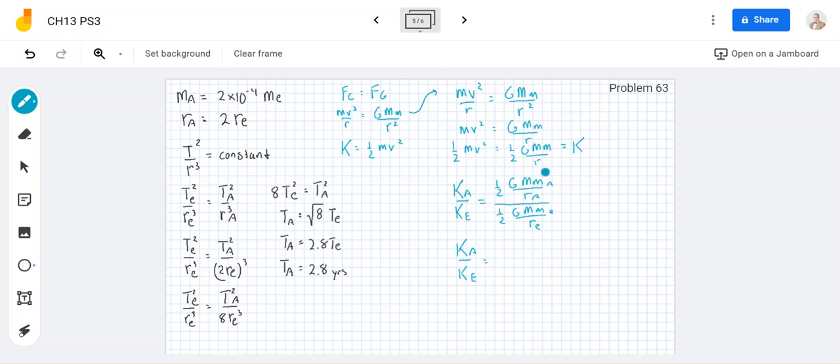And I'm left with the mass of the asteroid divided by the radius of the asteroid, all divided by the mass of Earth divided by the radius of the Earth. And again, if we're dividing a fraction by a fraction, really multiplying by the reciprocal.